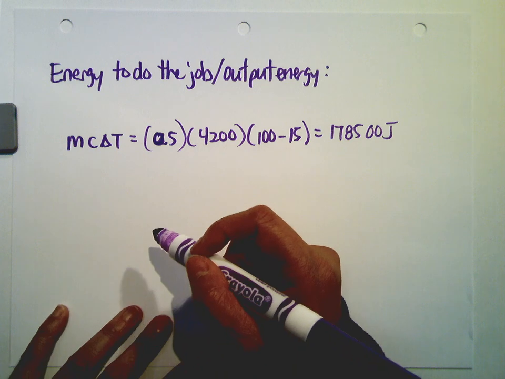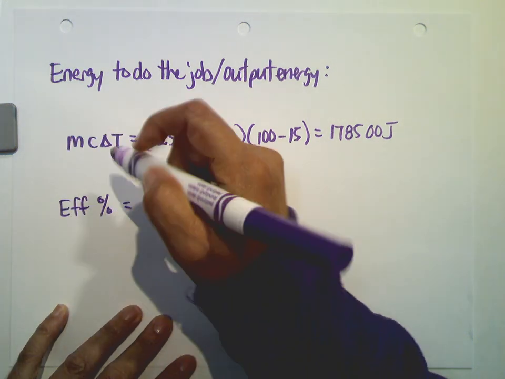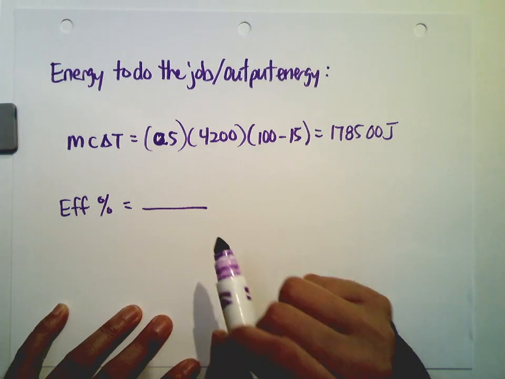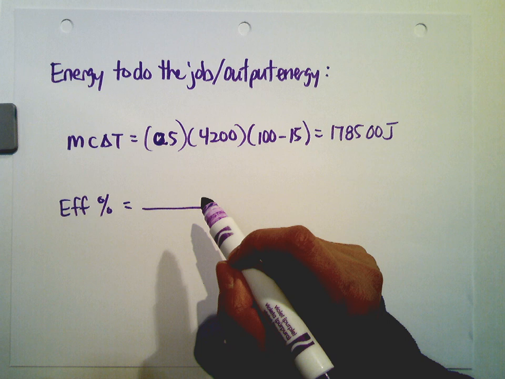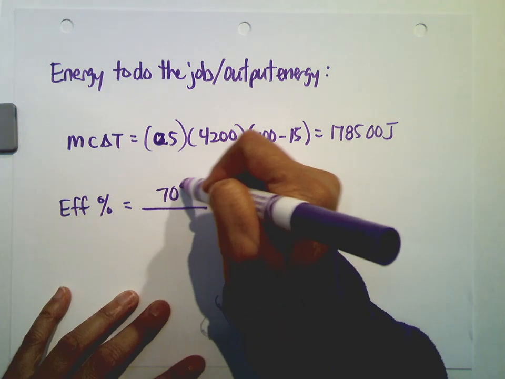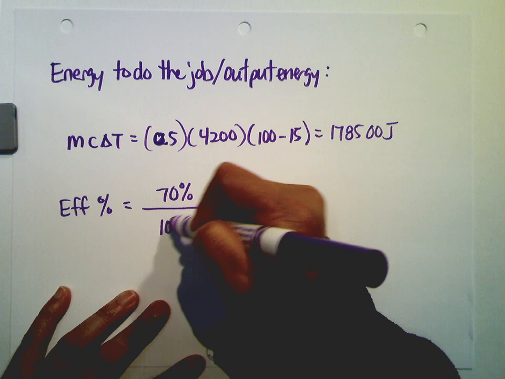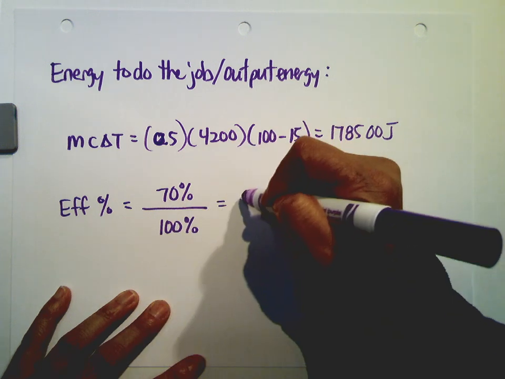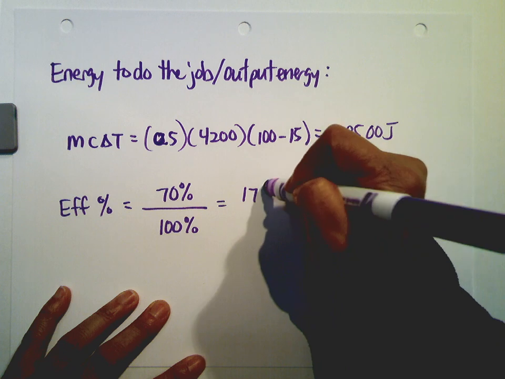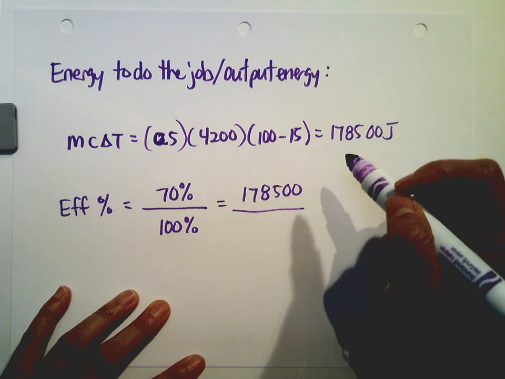Now let's figure out the efficiency. Percent efficiency. Now remember, 30% of it is used to heat the kettle and the air. So therefore, only 70% is used to do the job out of 100%, for example. So then I write that out, and we're going to figure out how much energy you actually need to run the kettle.